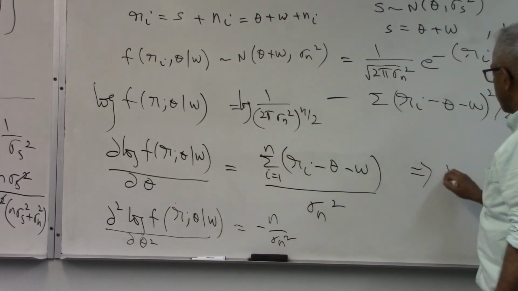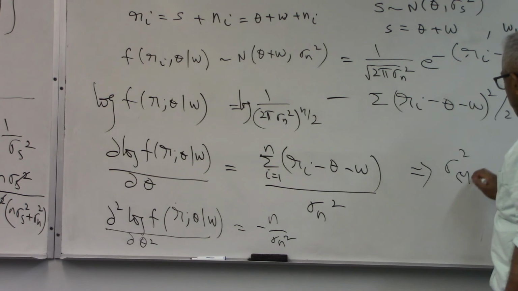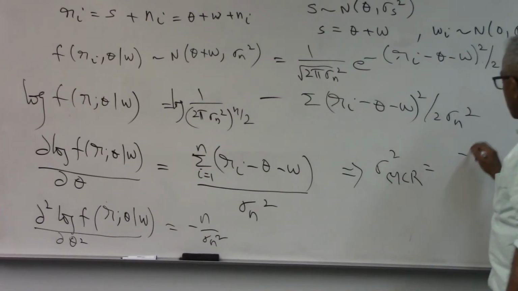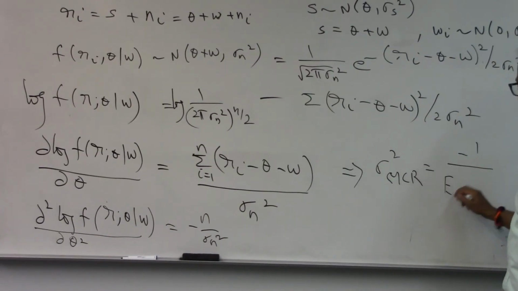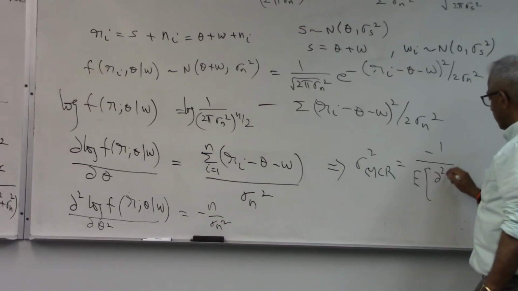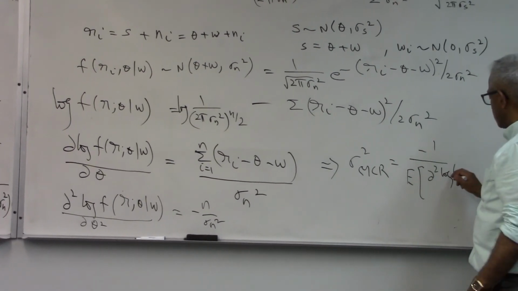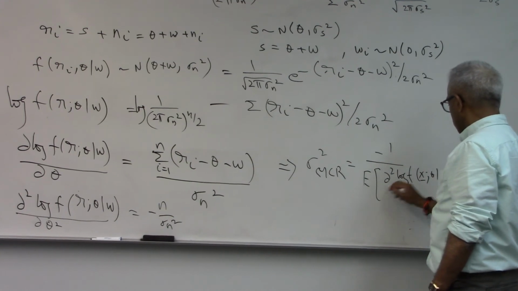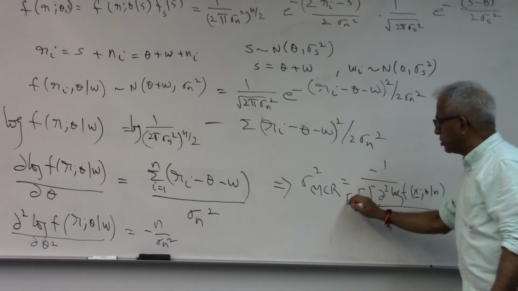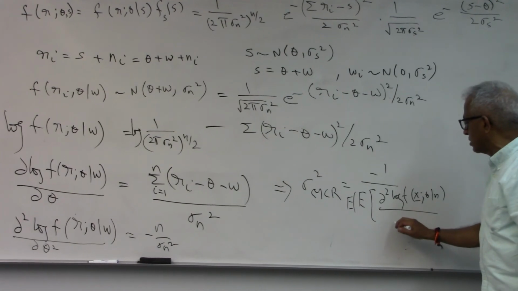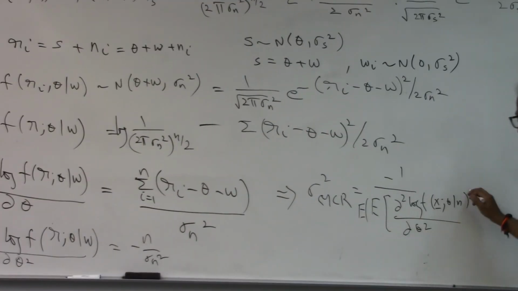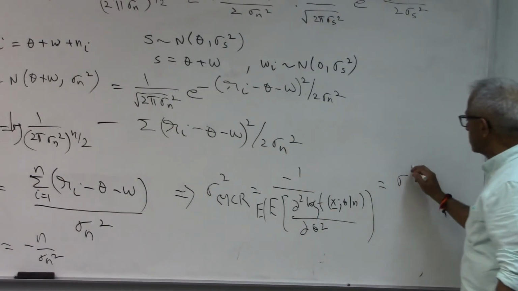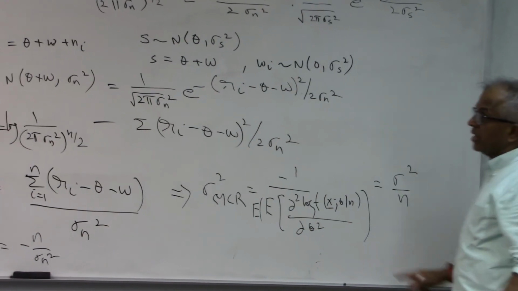So from here, the modified Cramer-Rao bound is minus 1 over the second derivative, or you can take the square and go through that also. And you have to do one more expected value, but that's already a constant. So that's going to be sigma n squared over n. See, in the previous case, you had all this extra component.